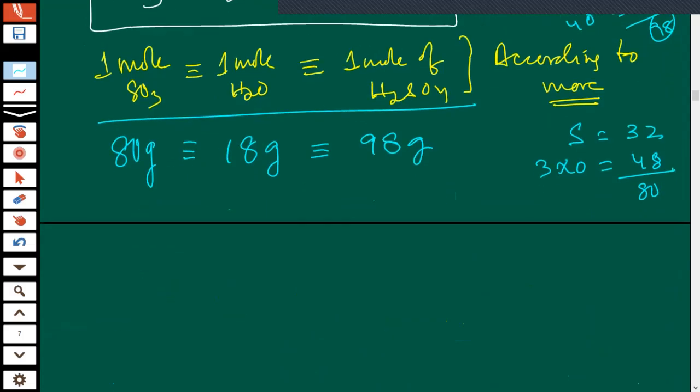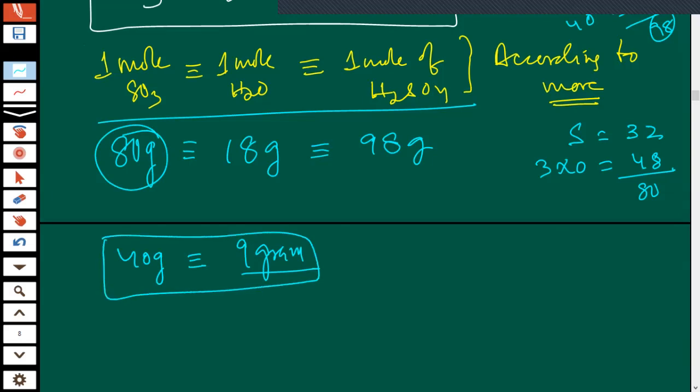9 gram. So if it is 9 gram, what will be the weight of sulfur trioxide? It will be only 40 gram. Did you understand, children?